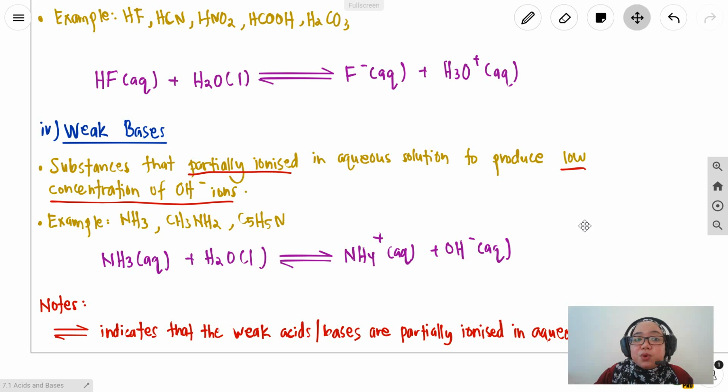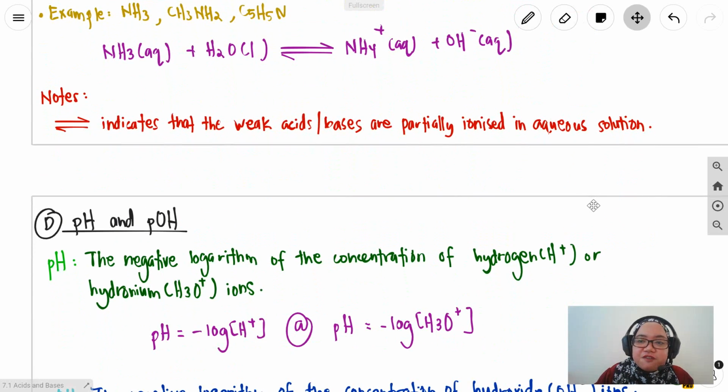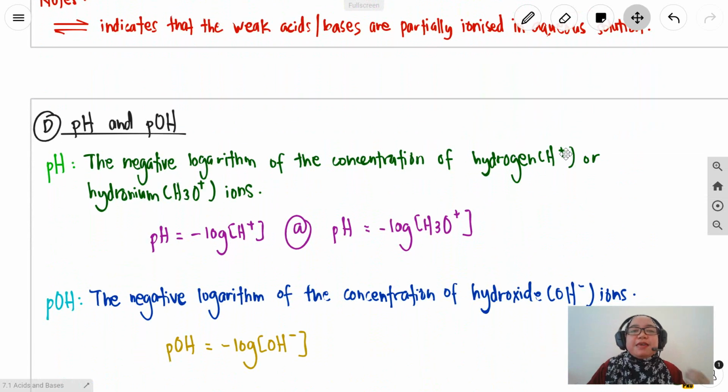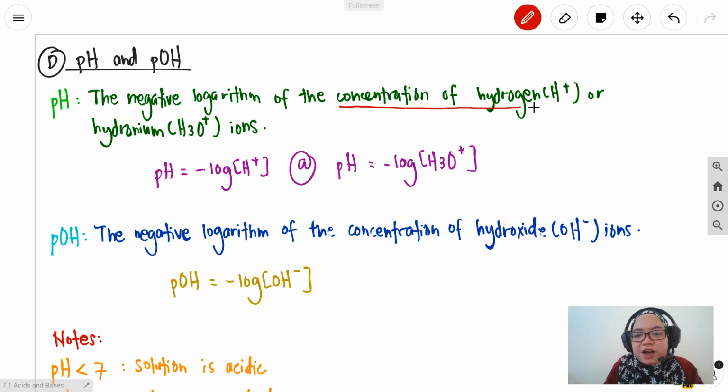Okay, so now we are going to look at the definition of pH and pOH. What is pH and what is pOH? pH is the negative logarithm of the concentration of hydrogen or hydronium ion.